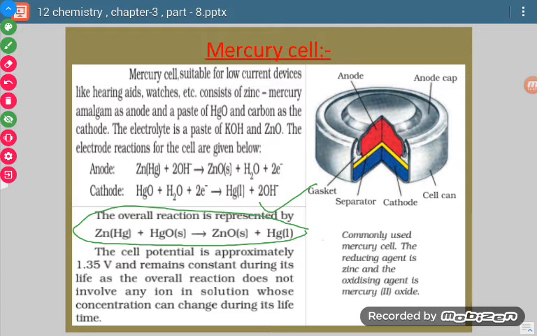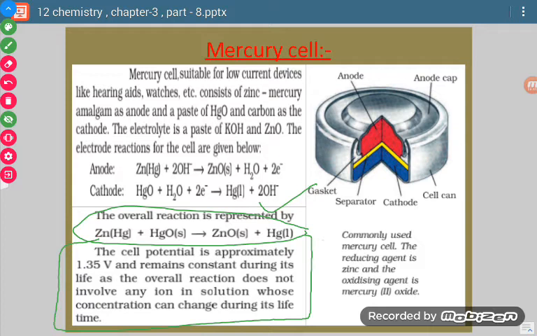Their concentration remains the same throughout the life of the cell. So in this case, what is the plus point? We will get the same voltage throughout the life of the cell, but where ions are involved, in the beginning voltage or output will be maximum, and with the passage of time that will reduce.